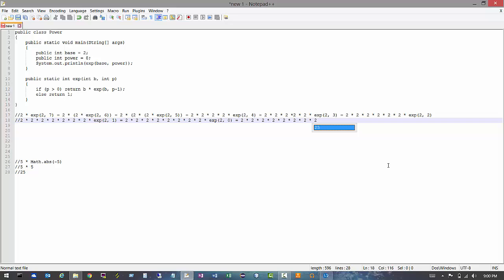And the exponent 2 comma 0, well, p is 0 now, so it's not greater than 0, so instead we return 1, which is the identity, and anything taken to the 0 power is 1 anyway, so this makes it work out.